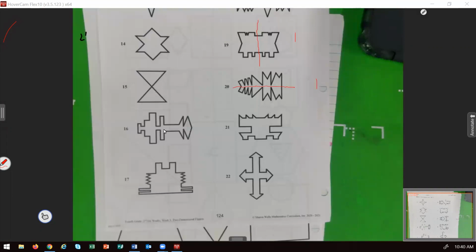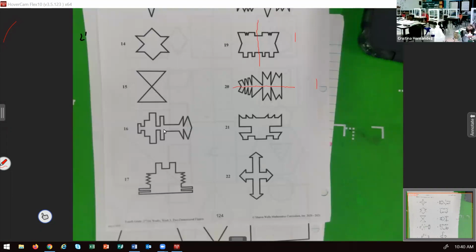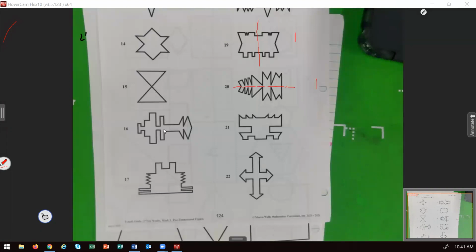I know 21. Y'all are thinking like this. You look above, it does not look like the bottom, does it? Miss, could you move up? Because I can't see. Miss Hernandez, I know 21. We already did that one earlier. 21 is like 19.